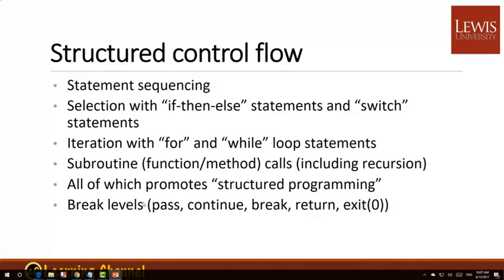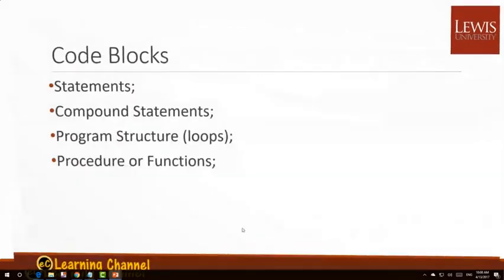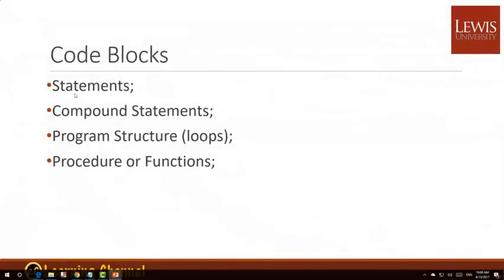So this is the breaking level of different program hierarchy. COBOL has the statements, compound statements, and then program structure or loop, procedure or function. These are different levels in COBOL.